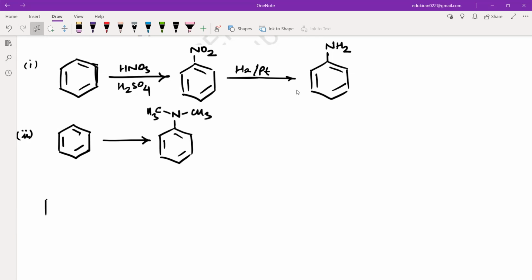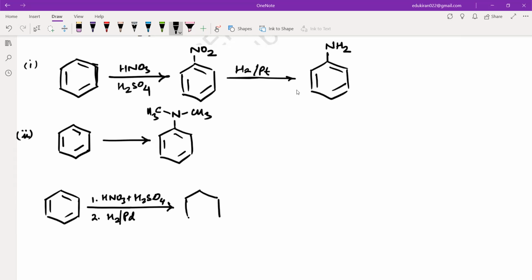So first step will be to convert benzene to aniline that we just did right now. So in the first step, we'll be using HNO3 plus H2SO4. In the second step, we will be using H2 with Pt or Pd or anything else, and we will be getting NH2.